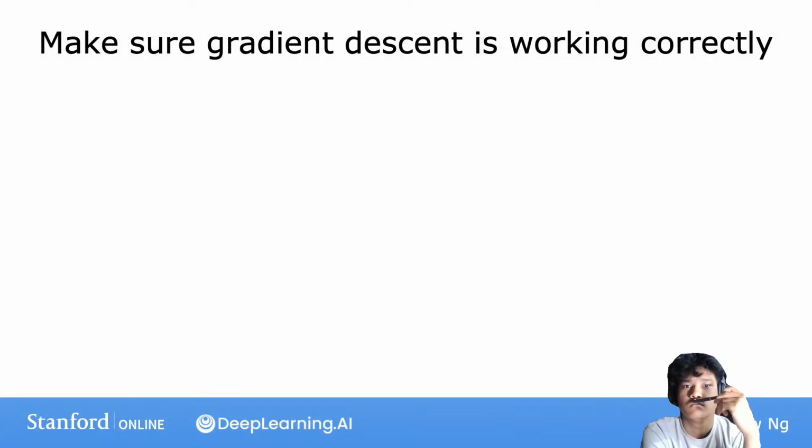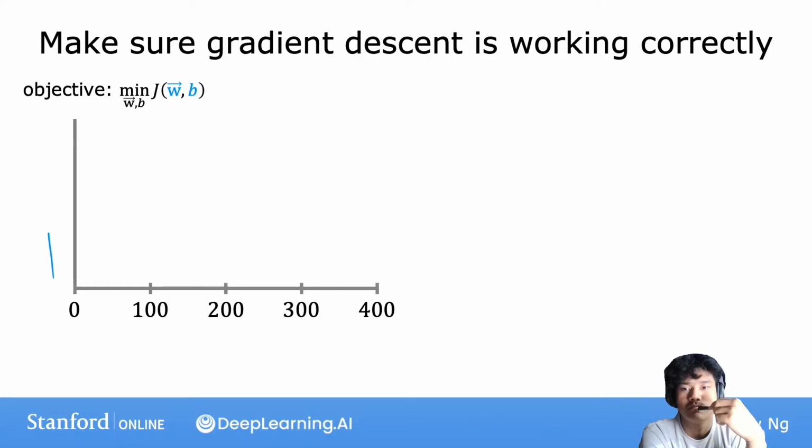Here's something that I often do to make sure that gradient descent is working well. Recall that the job of gradient descent is to find parameters w and b that hopefully minimize the cost function j. So what I often do is plot the cost function j, which is calculated on the training set, and I'll plot the value of j at each iteration of gradient descent.